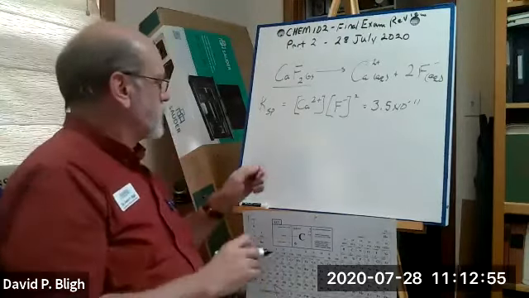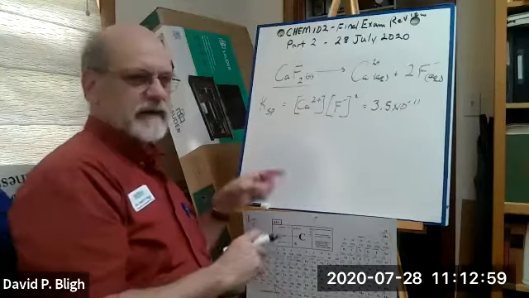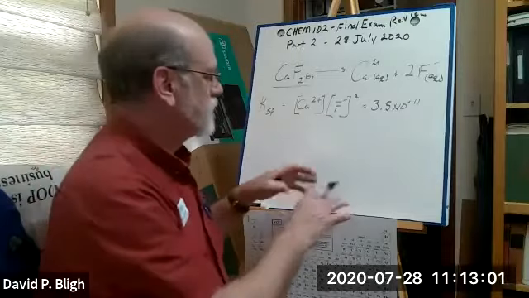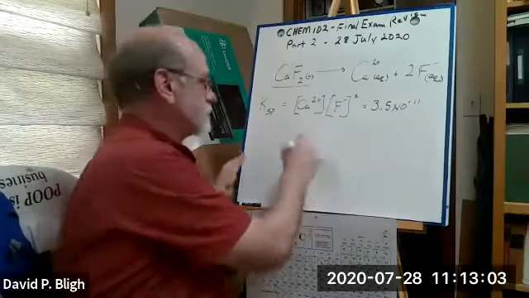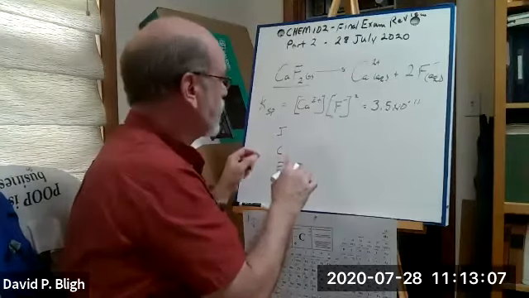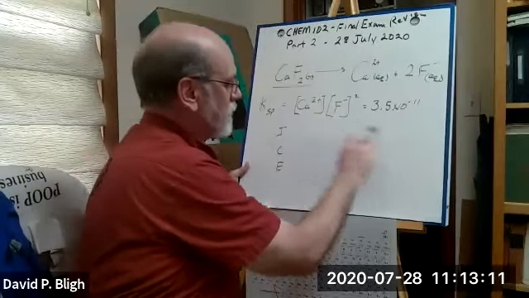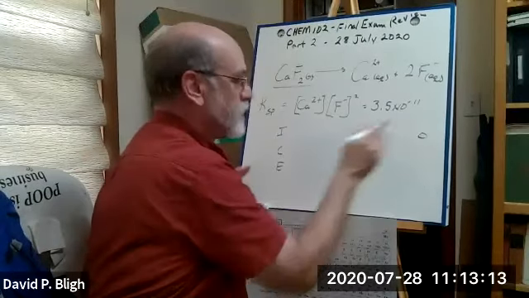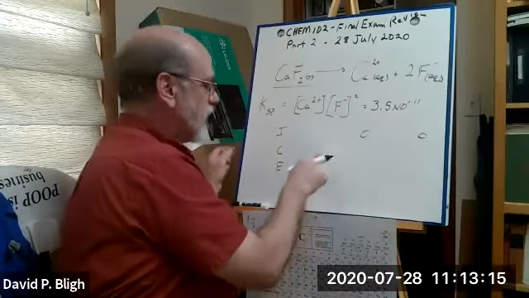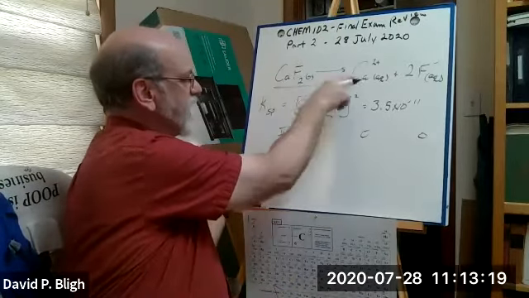So this is our expression, and if we put it in the form of an ice table, then we know that concentration here doesn't matter. Concentration here is 0 to begin with, and then this is going to produce the same number of moles as that.